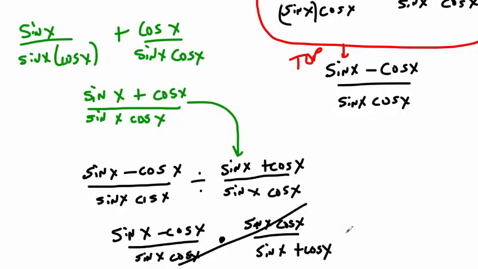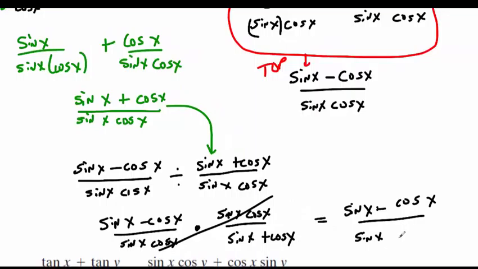So I can see that those cancel out. So that all simplifies to sine x minus cosine x over sine x plus cosine x. And this was our left side. So that was our left side of what we got.